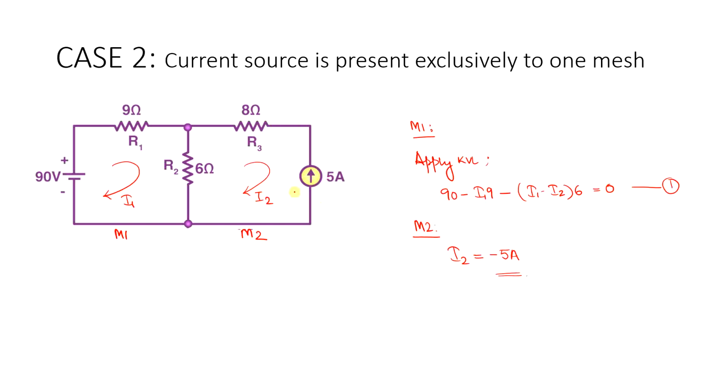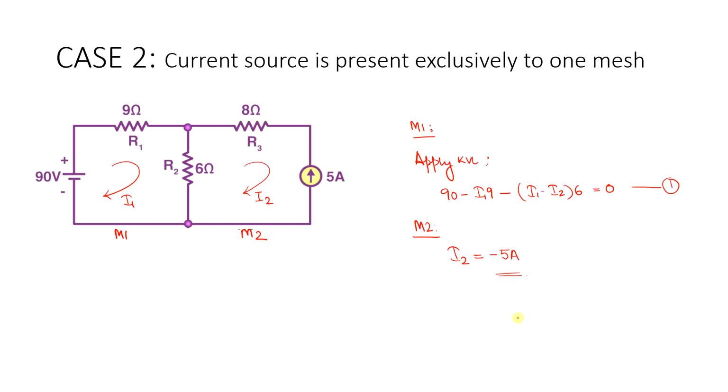If they were in the same direction, I could have written I2 equal to plus 5. Since they are opposite, this becomes minus 5 amps. Once you know the value of one of the currents, it is very simple. You just need to substitute here and determine the other mesh current, that is I1.